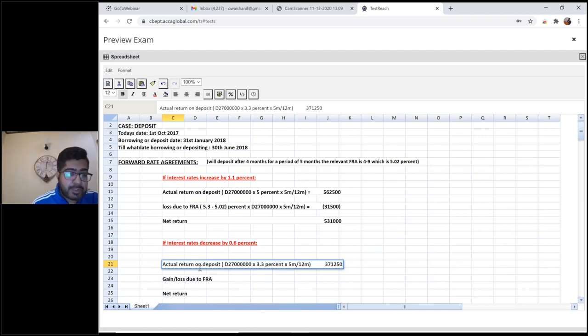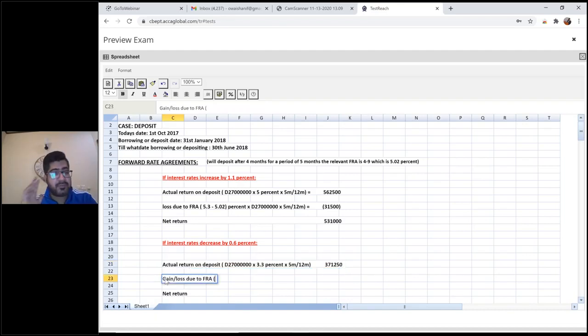Then the gain or loss due to FRA. Please pay attention to how to get the gain or loss due to FRA. It's the difference in rates. The rates fell by 0.6 and became 3.6, but you committed to an FRA at 5.02.